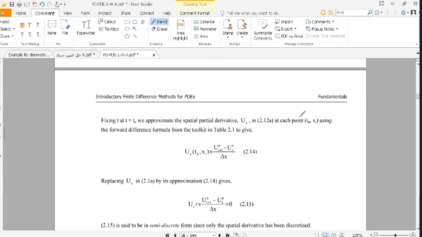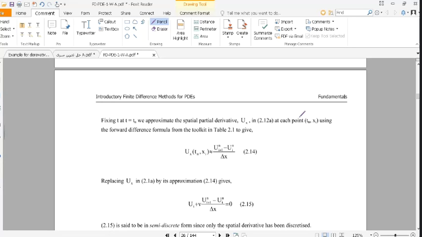To solve this PDE, as you can see, we have ut plus v ux equal to 0. This is an advection PDE.